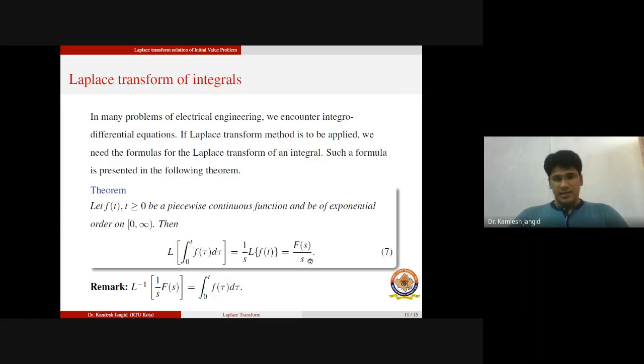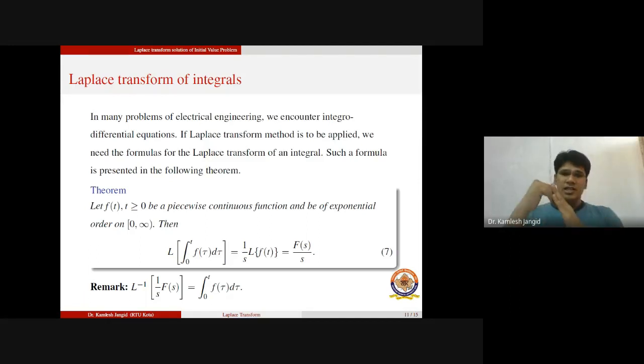divided by s. If you remember, the Laplace transform of the first derivative is s multiplied by capital F. And for integration, the Laplace transform of an integral is the Laplace transform divided by small s. It means if your Laplace transform is multiplied by s, then we use the Laplace transform of derivative formula.